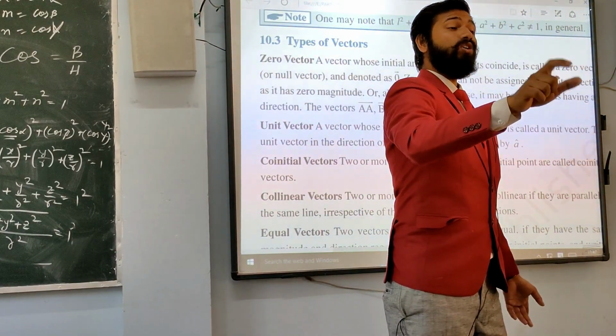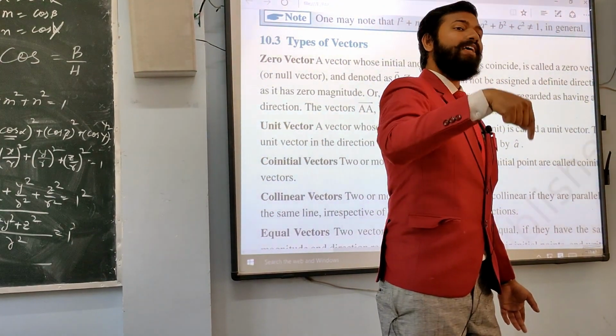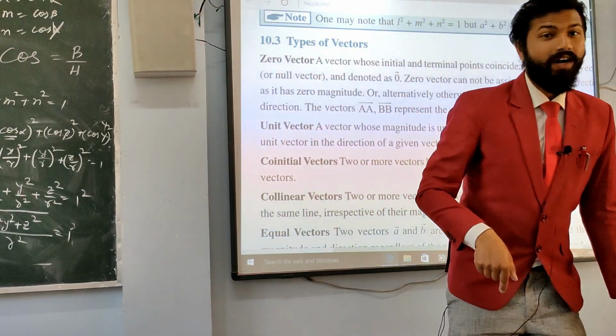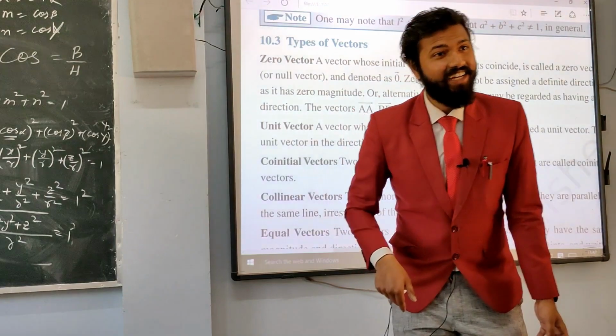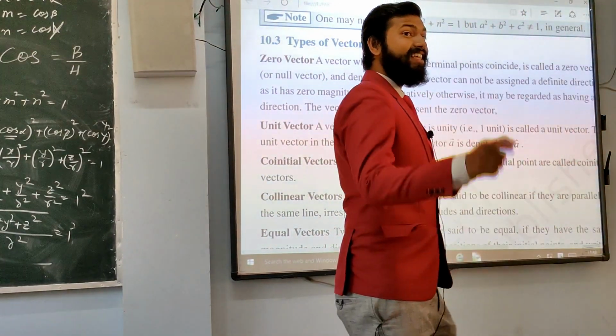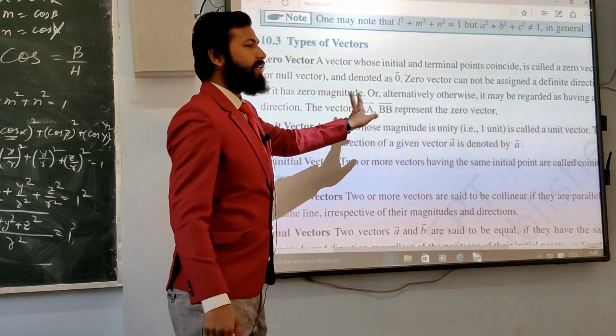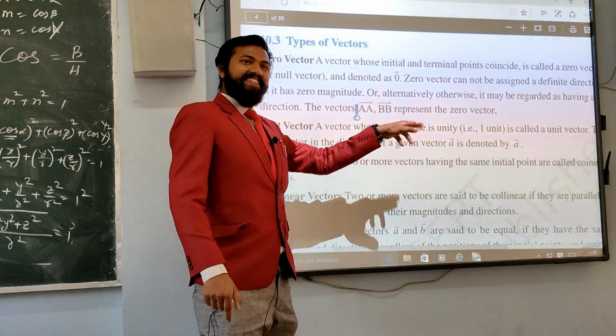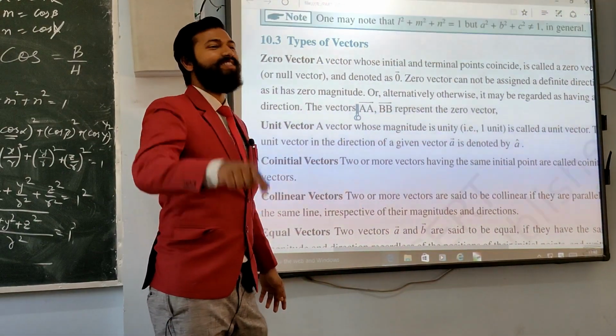In this case, to indicate that you came back to one place, we need the zero vector. Understood the importance of the zero vector? It indicates that where you started and where you ended is the same place. This is important. Clear, my dear? Started from A, came back to A, finished: the resultant is a zero vector. This is the meaning of the zero vector.